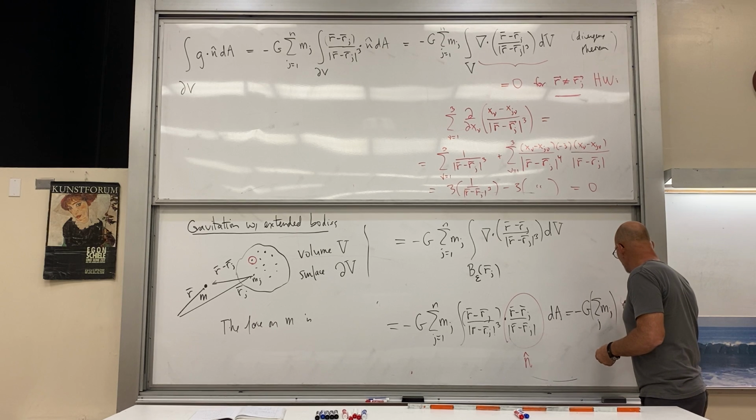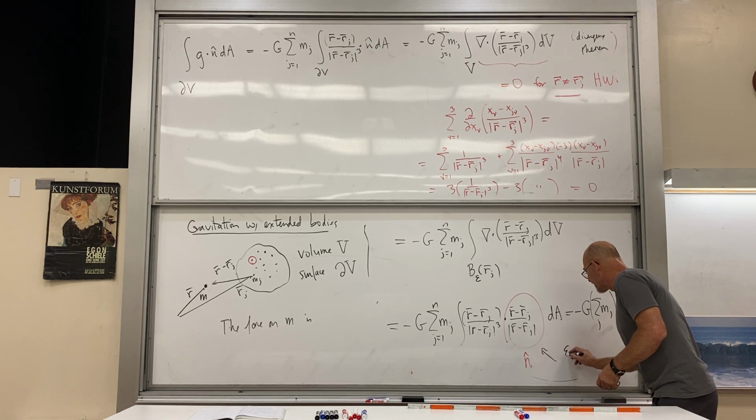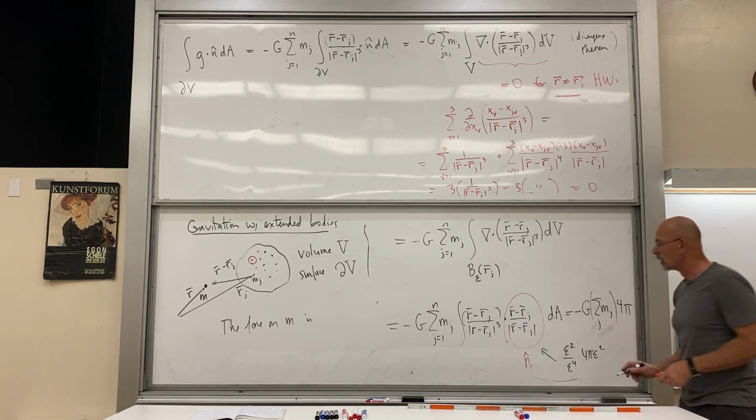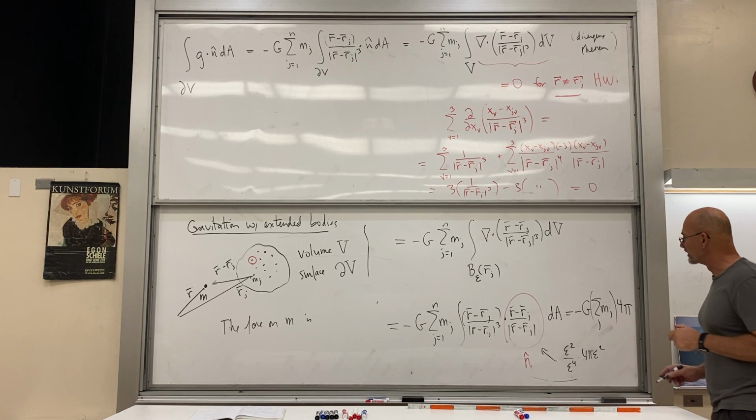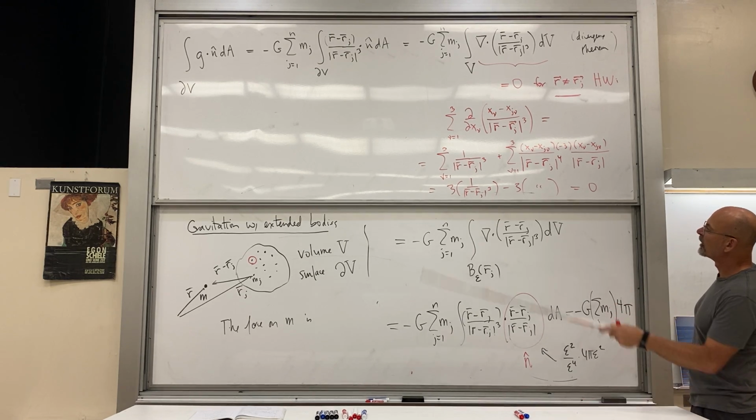So this thing equals, I'm just going to give us a 4 pi, because this whole integral is equal to epsilon squared over epsilon to the 4th times 4 pi epsilon squared. Only works with the 1 over r squared. So there's our answer, what we started with up there.